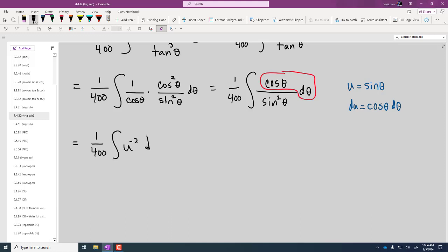We want to pull it up into the numerator: u to the negative 2 du. U squared in the bottom is a u to the negative 2 up top. Change the sign on the exponent and it moves it back and forth. So then we integrate, add 1 to the exponent, and we get u to the negative 1. Divide by the new exponent, which makes everything negative.